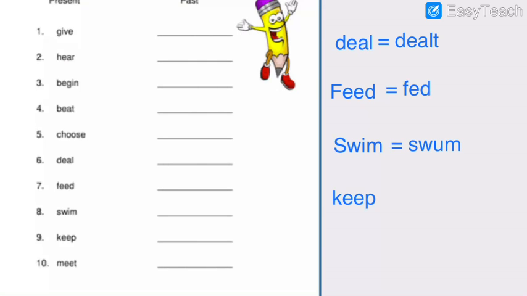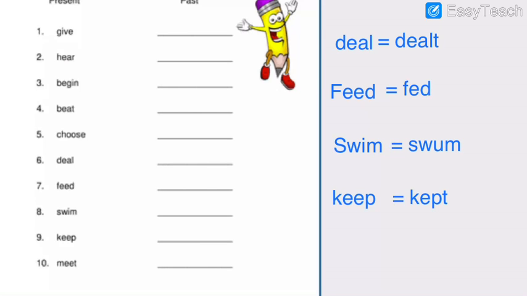So keep you use very much. So what is the correct past form of the verb keep? So here is the answer. Keep will become kept. I kept on saying that do homework, but you did not understand or you did not pay a heed. So keep will become kept. Or you kept my promise, I am very much grateful.